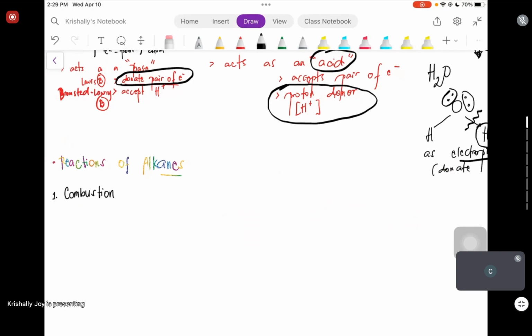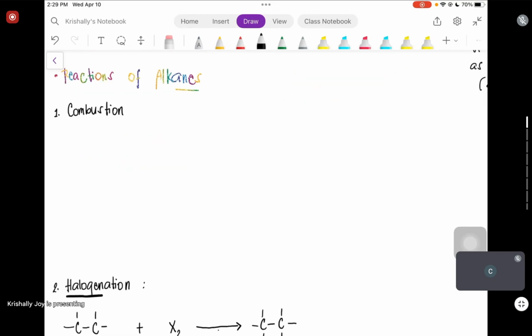So this time, let's talk about the chemical reactivity of hydrocarbons. We'll start with alkanes. The alkanes class, if we recall, its functional group is a single bond between carbon to carbon. But in some other references, it's not considered a functional group because this carbon to carbon single bond or carbon to hydrogen single bond is also present among all other organic compounds.